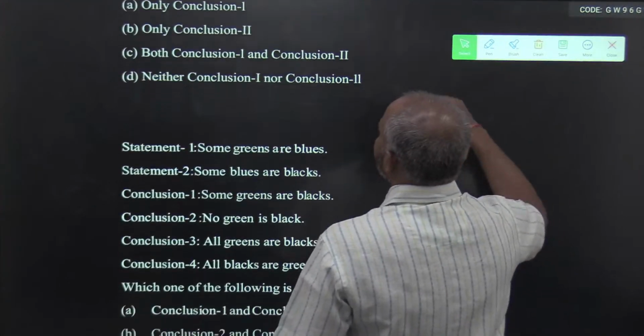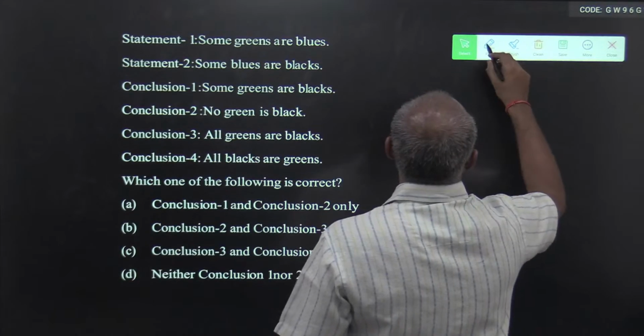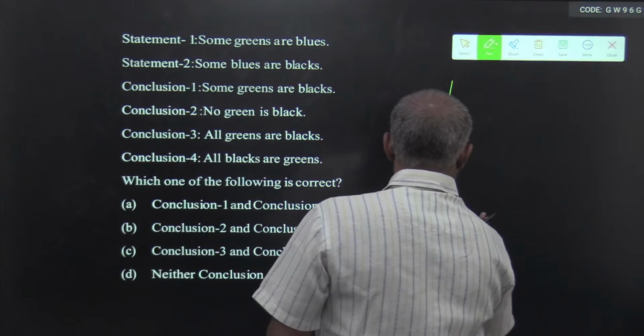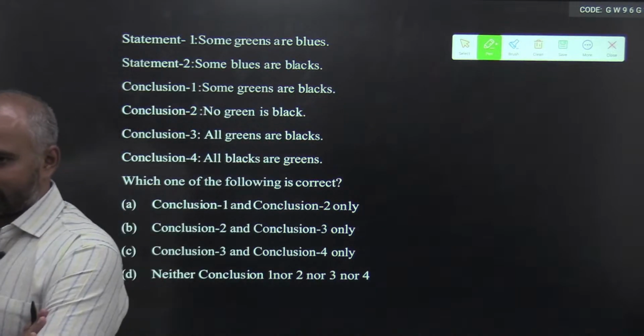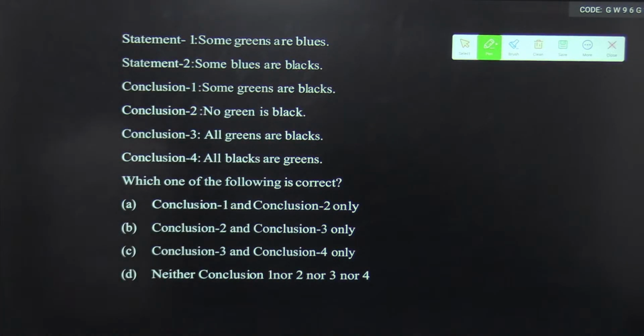Next one, greens. Yeah, this one. There is only one rule there. First verify the type and next verify the value.